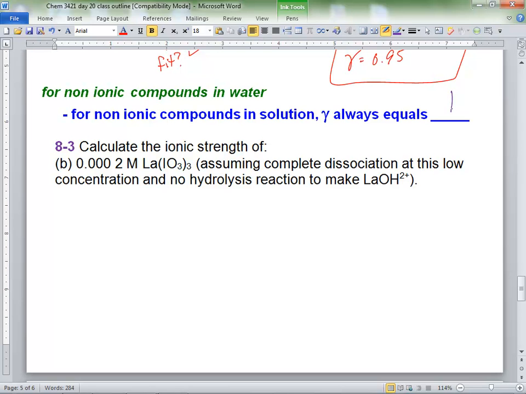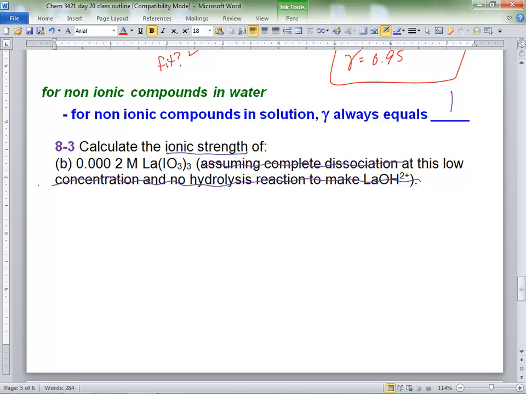Okay. Calculate the ionic strength. So they want the ionic strength of 0.0002 molar lanthanum 3 iodate, assuming complete dissociation at this concentration, no hydrolysis, so there are no complex ions. You really don't even need to worry about this, but it's there because it technically needs to be there.